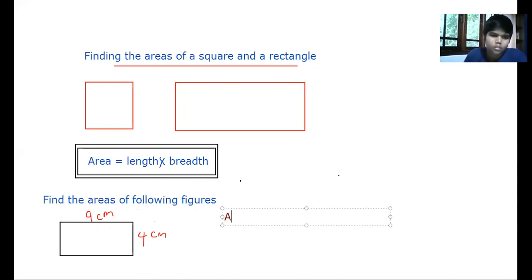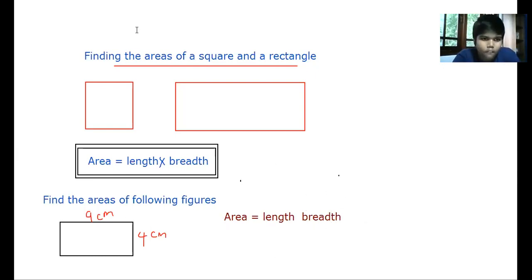What's the formula? Area equals length multiply breadth. Right, area equals length multiply breadth.